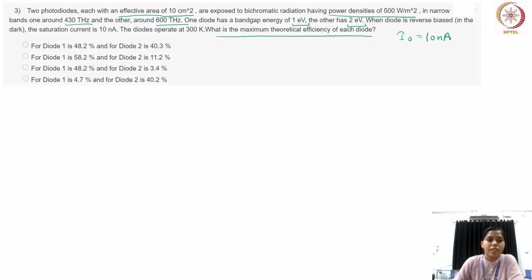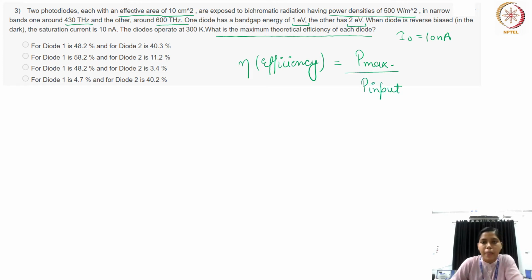Okay, so for calculating this, the efficiency is generally represented by eta. Efficiency is given by the P maximum output divided by the input power. Correct? So what is the input power for both the diodes? Let's call it P input, Pi.